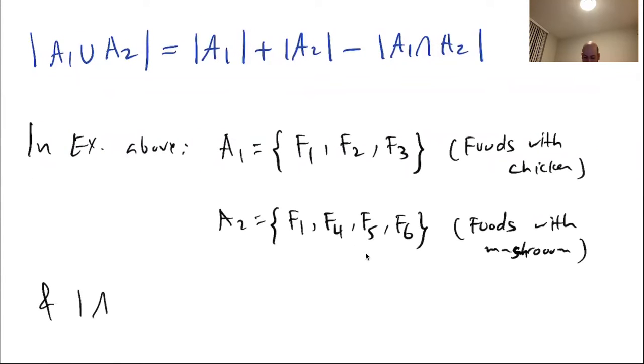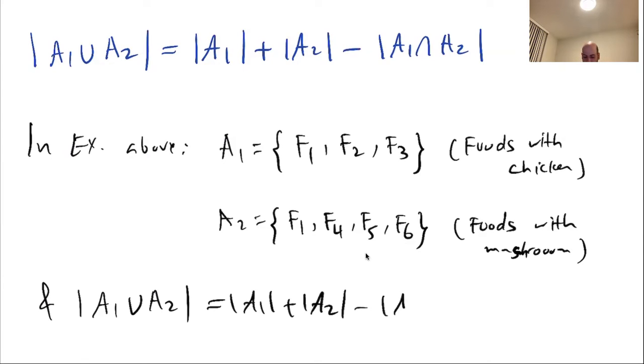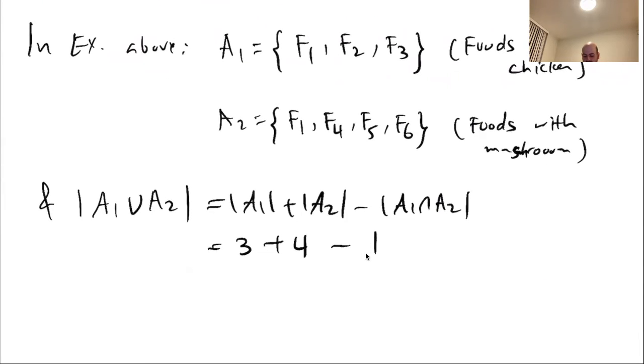The number of elements in A1 union A2 is going to be the number of elements in A1 plus the number of elements in A2 minus the number of elements in the intersection. In A1, I have 3 elements. In A2, I have 4 elements. In the intersection, I have 1 element, right? A1 intersection A2 is just the set containing F1. So it has 1 element only. And the answer is 6, which is what we found above.